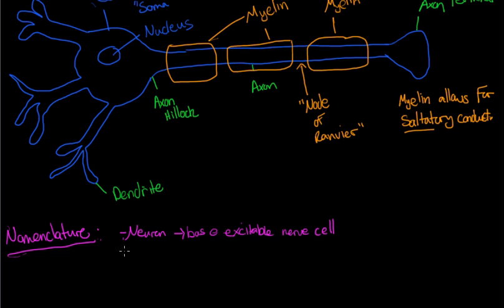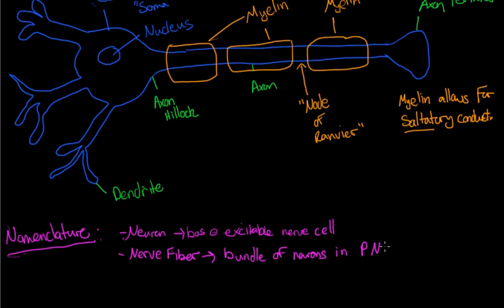The next thing is a nerve fiber. What this is going to be is a bundle of neurons, and they can be going both ways, in the peripheral nervous system, specifically.